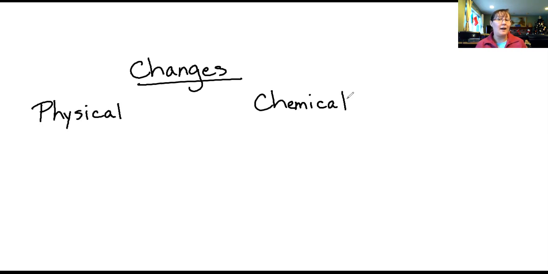And so you are cutting fabric. If you cut a piece of fabric, you cannot simply stick it back together again and have it be exactly as it was before. So that's another example of something that is not reversible, but is only a physical change. So what is a physical change? A physical change is a change that doesn't change the chemical composition.